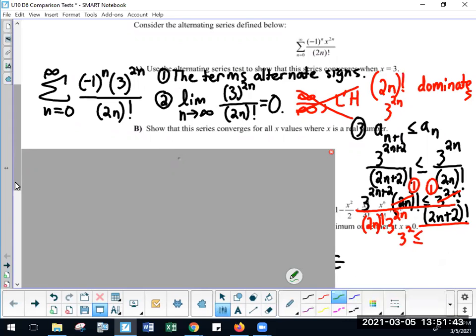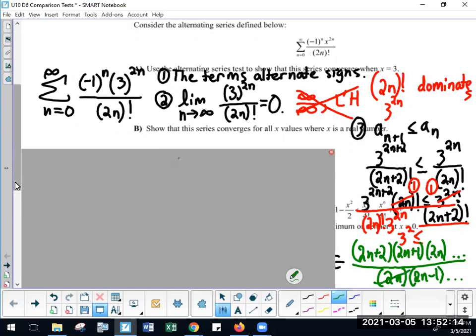So we have 2n plus 2 factorial, which remember is 2n plus 2 times 2n plus 1 times 2n, etc. And we're dividing by 2n factorial, which is 2n times 2n minus 1 times 2n minus 2, etc. So what happens?